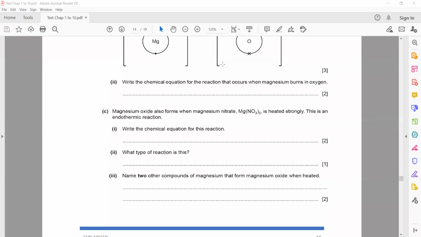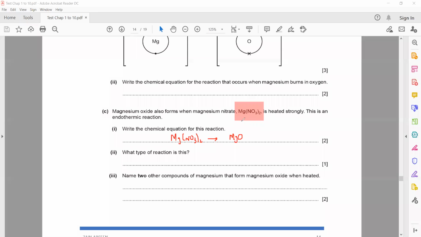Write a chemical equation. Look, when we heat metal nitrates, again, this is related to memorizing the products. So whenever metal nitrates are heated, they will give metal nitrite plus nitrogen dioxide plus oxygen. So supplying heat energy to magnesium nitrate will result in the formation of magnesium oxide.